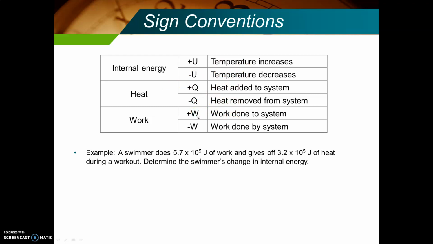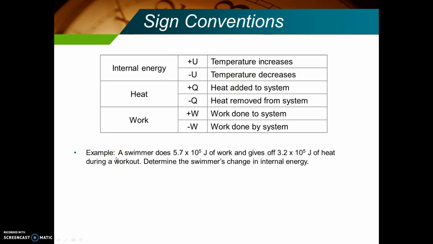Like I could give my joules to a box, and then the box's joules become positive. Work done by a system, like if I'm a system and I do work, I spend my joules, so then my W is getting smaller. So you can peek at this chart if you need help figuring out the sign conventions.